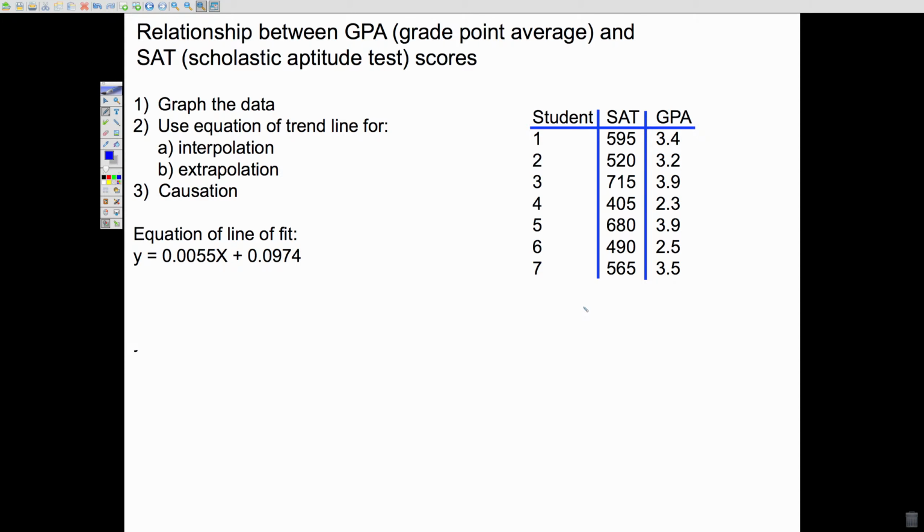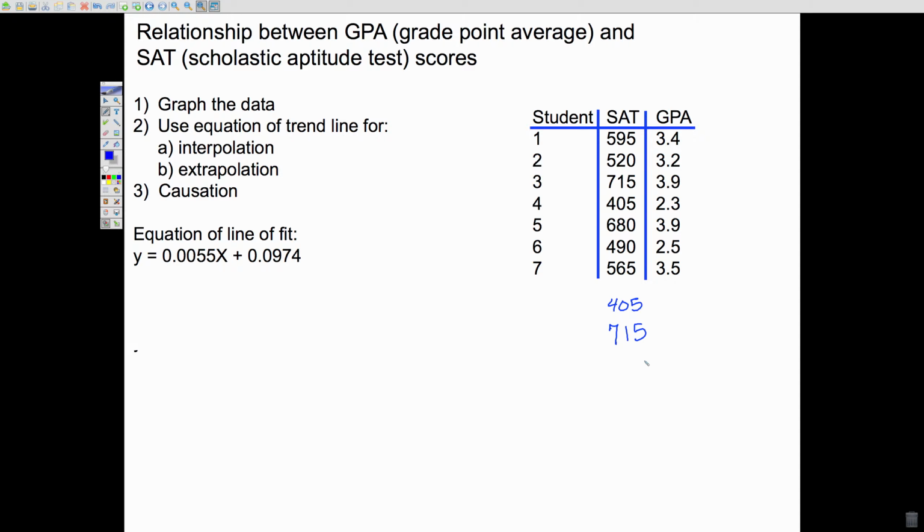The lowest SAT score in the table is 405. And the highest SAT score in the table is 715. Now one might ask, what does this line of fit predict will be the grade point average of someone who has a score that's in between 405 and 715, but it's not listed on the table?